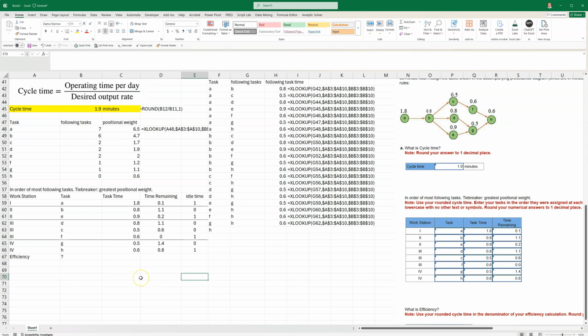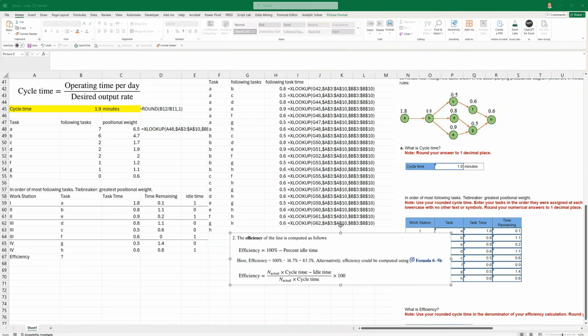Okay, so now the efficiency, how do we calculate the efficiency? Well, this is how you calculate the efficiency. Let me put it over here to the right. The efficiency is the number of stations times the cycle time minus the idle time. So it's going to be equal to parentheses, the number of stations. Well, we probably should put the number of stations here, right?